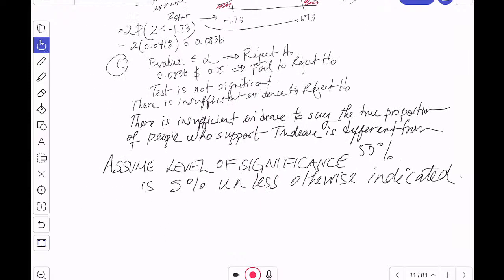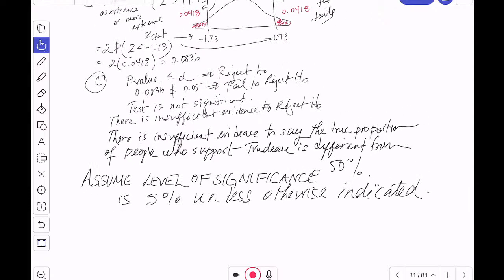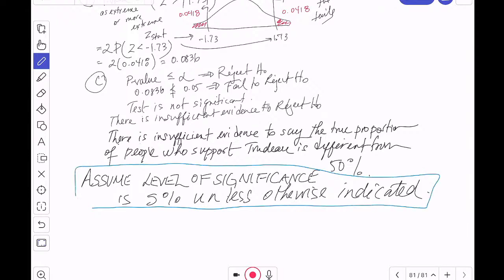So assume the level of significance is 5% unless otherwise indicated. My notes are getting messy, right? I have to slow down. It's tough to write on glass.